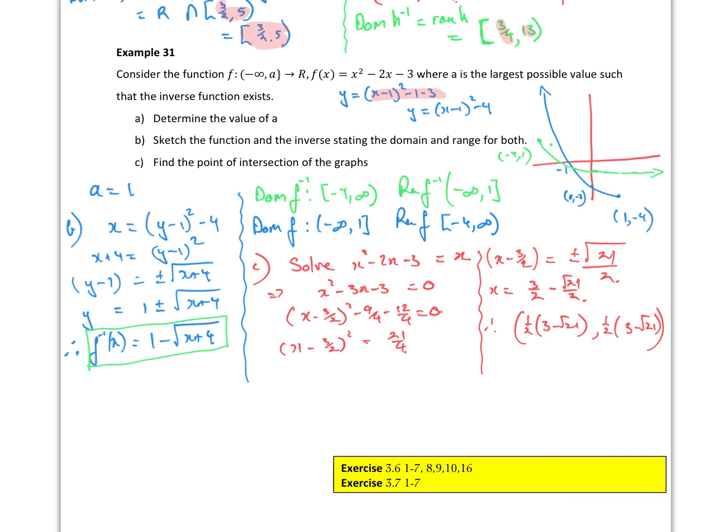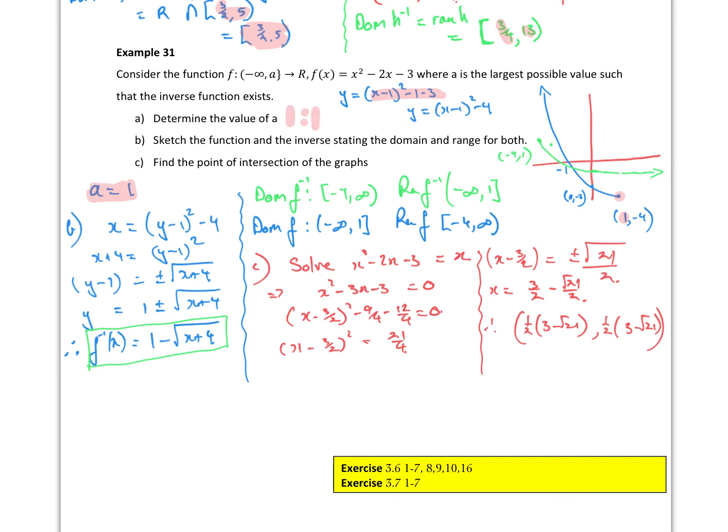And if I sketch the graph, I get a turning point at (1, -4). I've only sketched the first half of the graph because my domain is from negative infinity to a. And so the a value I'm interested in is 1, because that's where my function is 1-to-1.